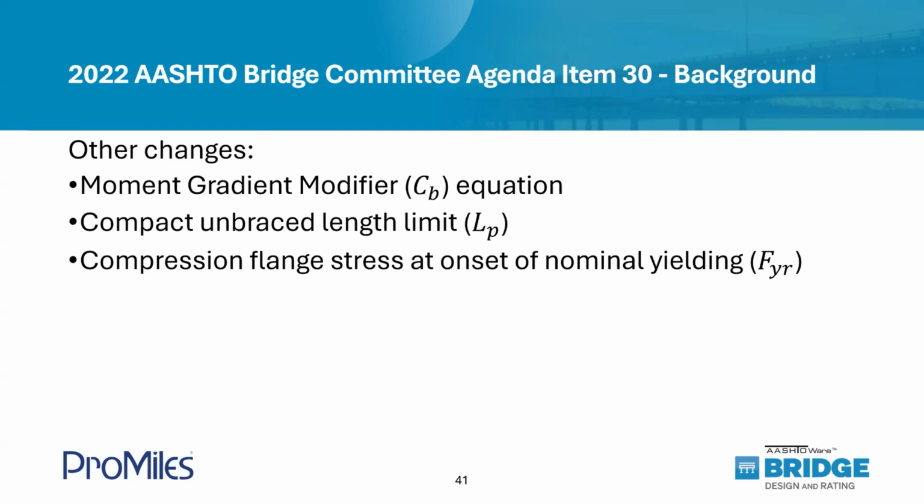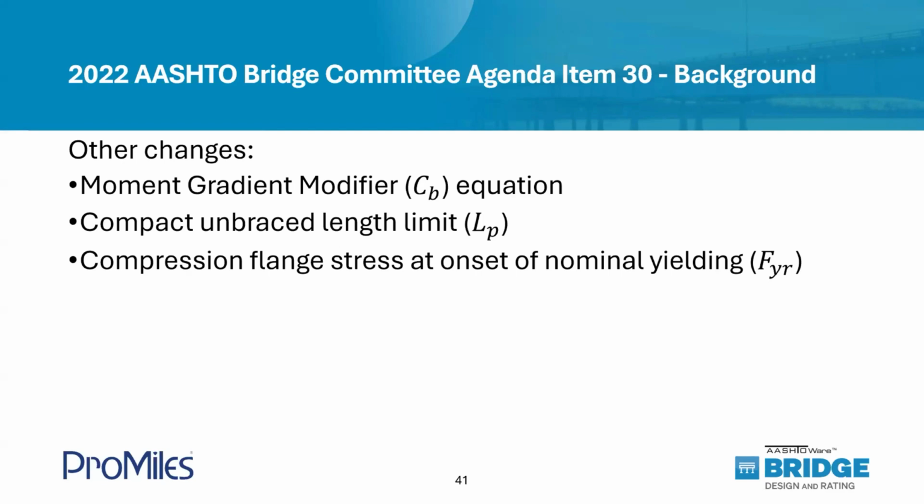This change also includes several other changes to the calculation, most notably the moment gradient modifier equation is replaced with a CB equation from the AISC specification using quarter point moments. The equation for the compact unbraced length limit, LP, also changes to an equation from the AISC specification.